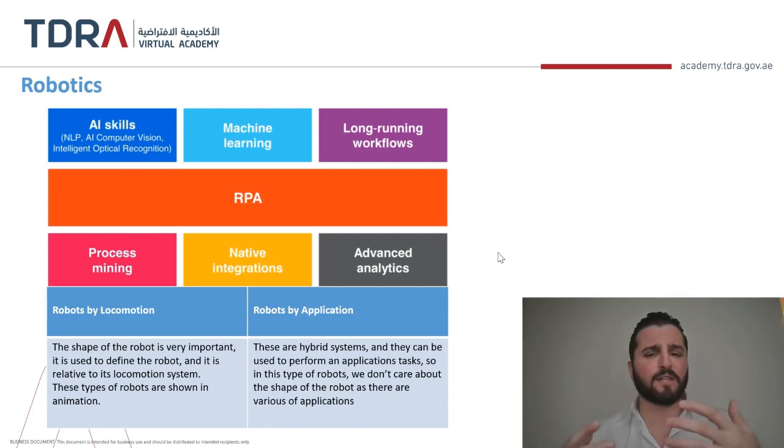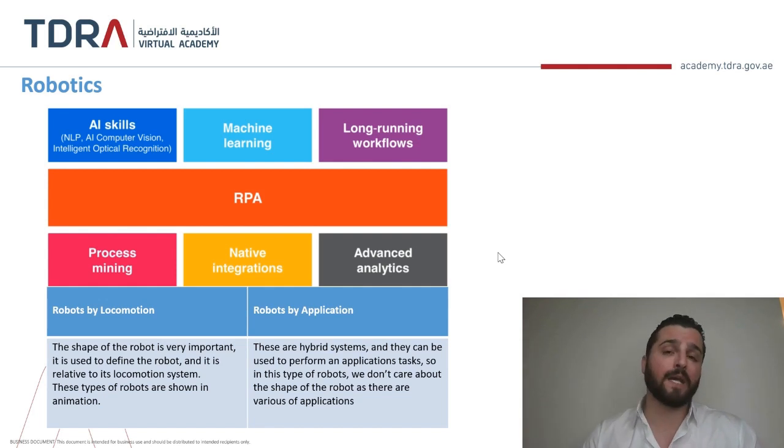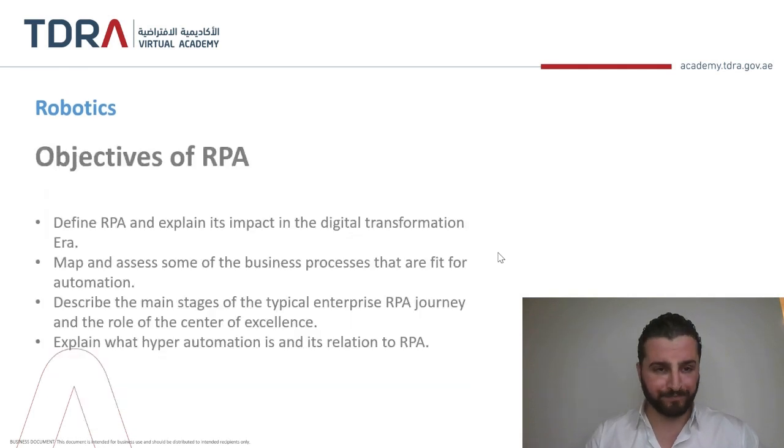Then there are process mining, native integration, and advanced analytics, as well as other features that can be integrated to draw certain conclusions for our process or for other services of the value chain in general. And for sure advanced analytics, to build a smart big data and direct data platform with RPA involvement to drive certain conclusions.